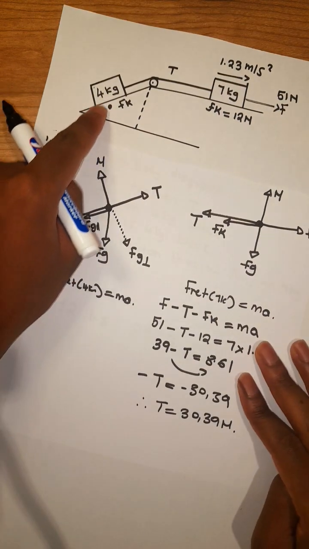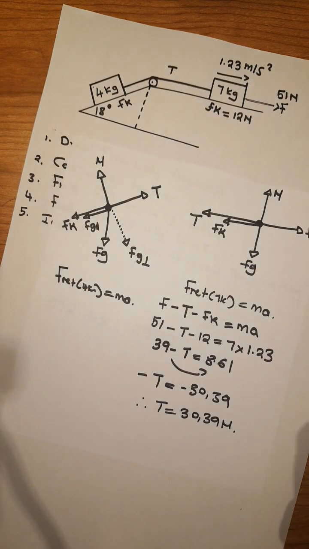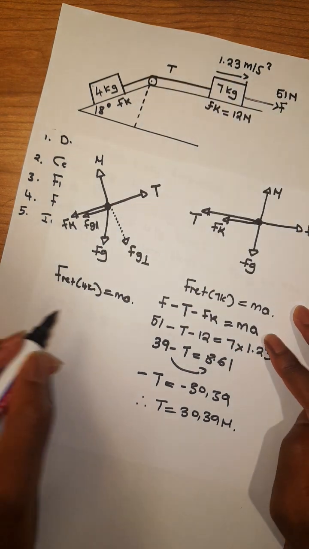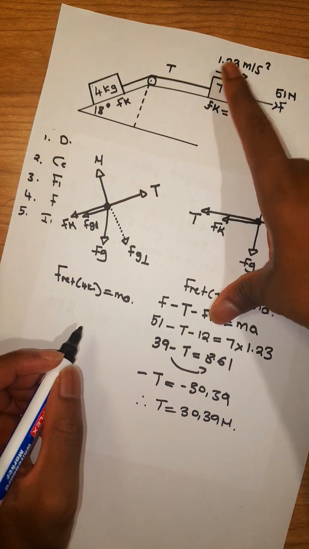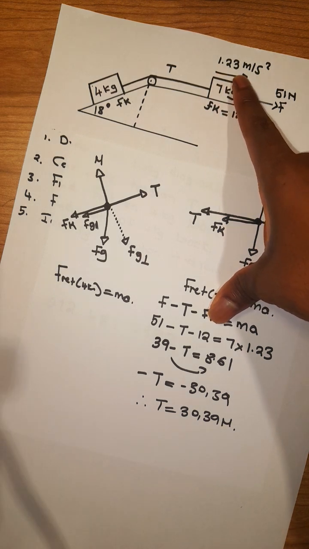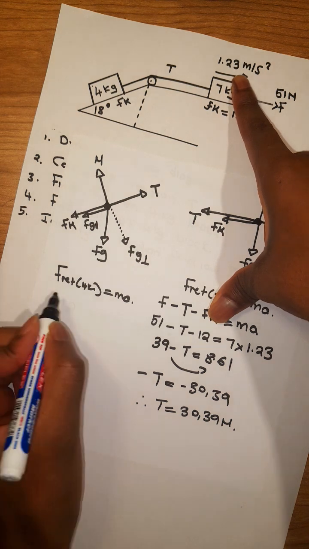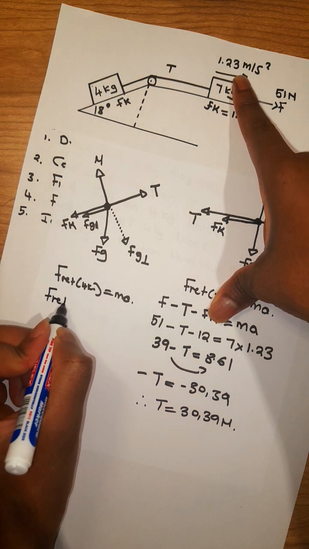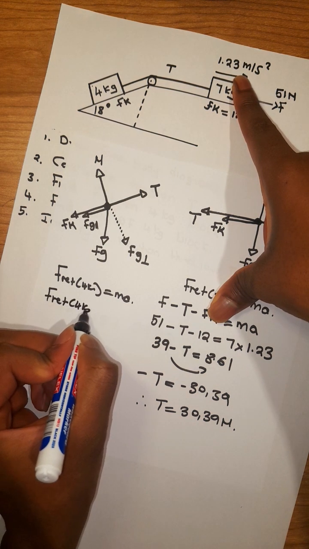Guys, this thing is a system. If you're having a system, it moves with the same acceleration. I mean, if you're having a truck that is on a hook of a trailer, obviously the head and the tail are moving with the same speed. Similar thing is happening in here. So if the 7 kg block is accelerating with an acceleration of 1.23 meters per second squared, it means that this one is also having the same acceleration.